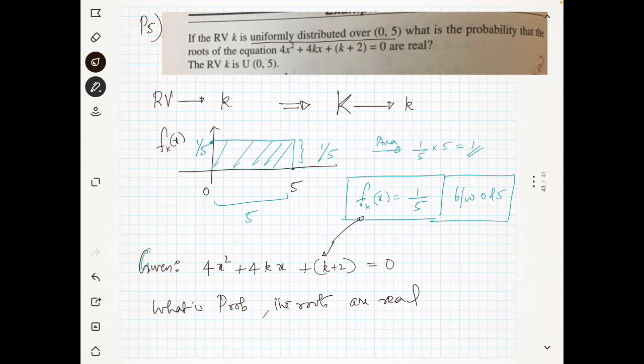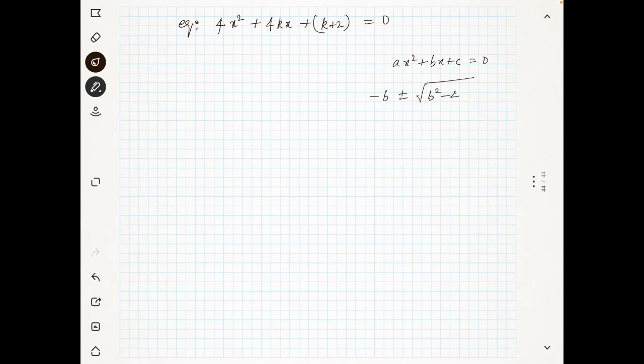So first of all, I will write the equation: 4x square plus 4kx plus k plus 2 is equal to 0. Now how to find the roots of an equation? For ax square plus bx plus c equal to 0, the root is minus b plus or minus root of b square minus 4ac, by 2a.